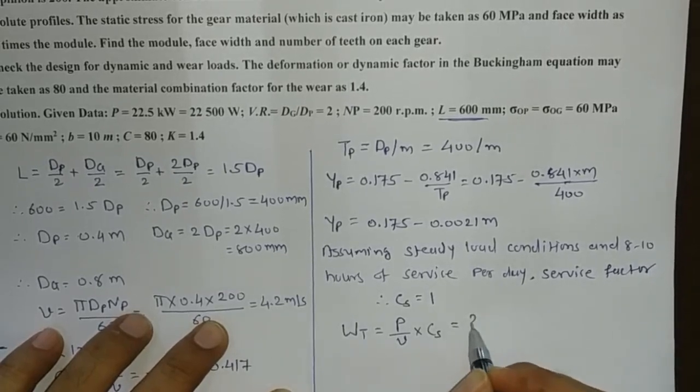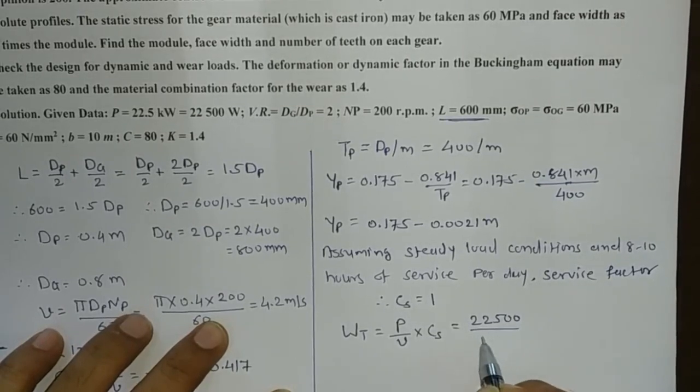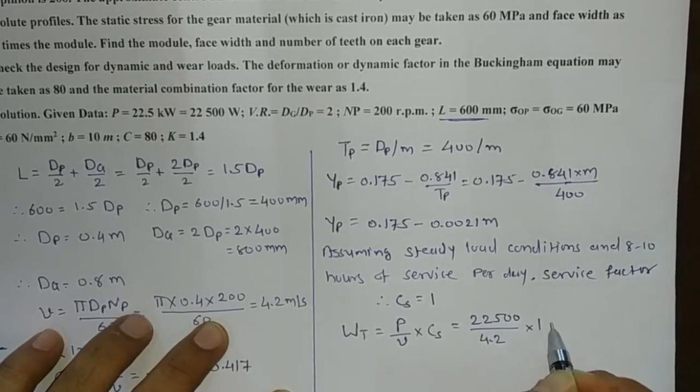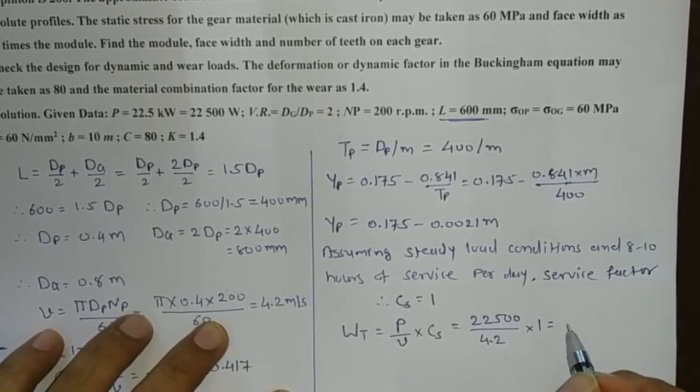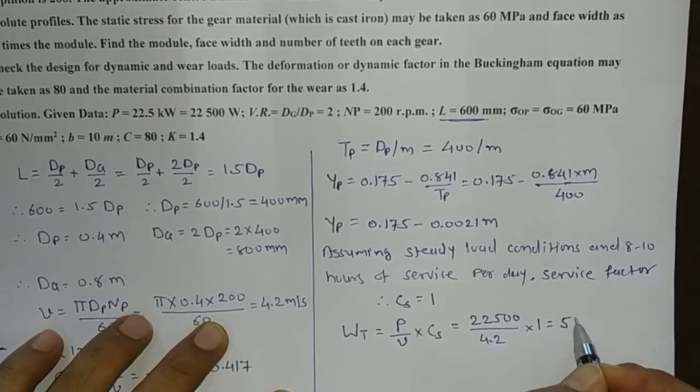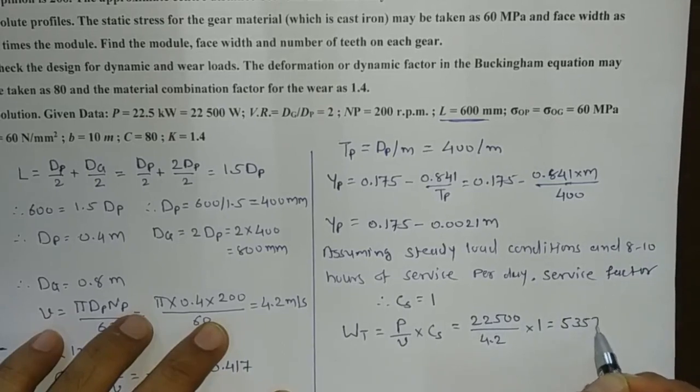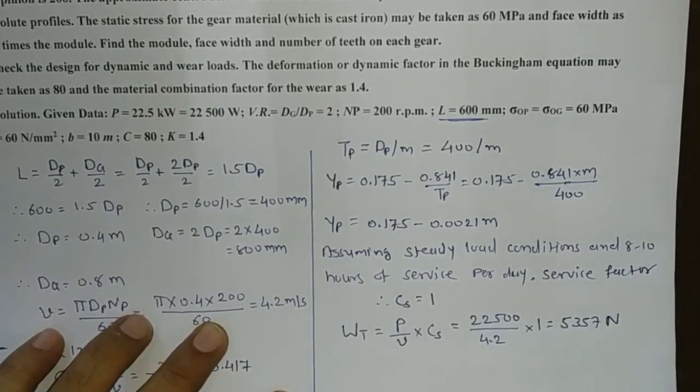So P is equal to 22,500 by pitch line velocity, which is 4.2, into 1. Therefore design tangential load is equal to 5,357 Newton. So this is the tangential load. Now put the Lewis equation.